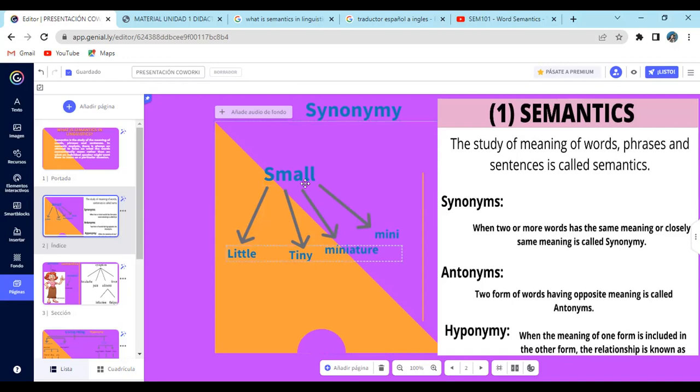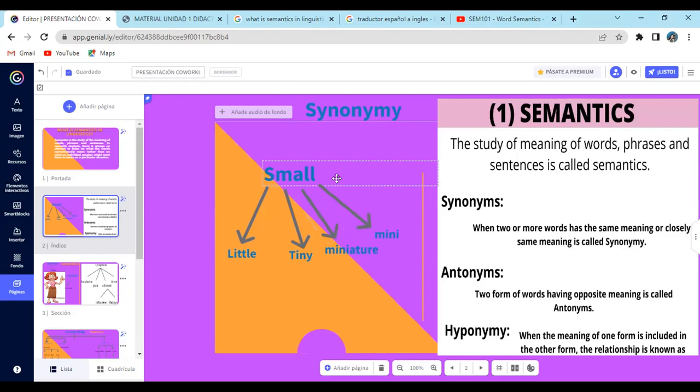The word is small, so synonym is easy to use, and you can create a diagram, but you can create different kinds of diagrams when you are describing the word, the phrase, and the sentence. I don't know if you have any questions so far.